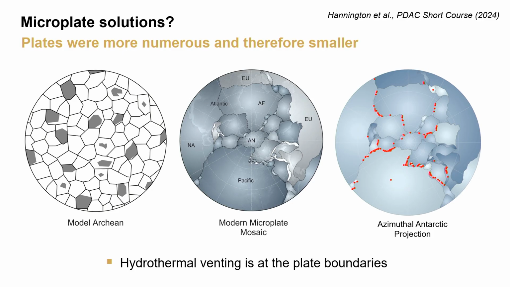This is manifested, for example, by a modern day microplate mosaic, which exists along the Indo-Australian margin, viewed here in an Antarctic polar projection. It gives you a really nice image of what a microplate mosaic might have looked like in a hot Archean.